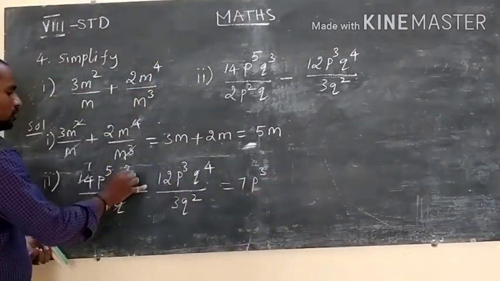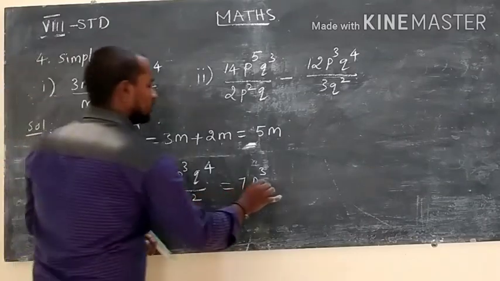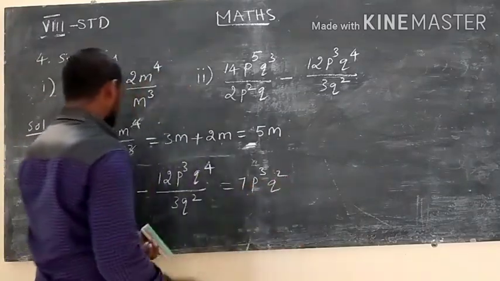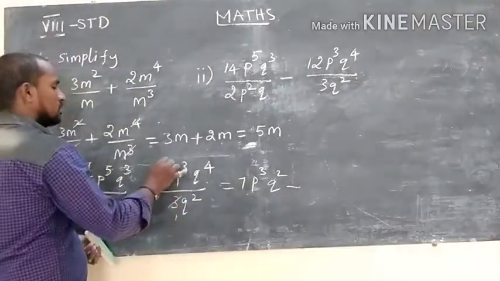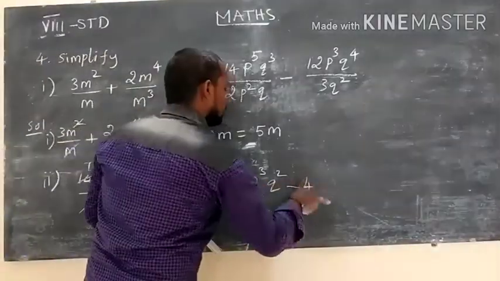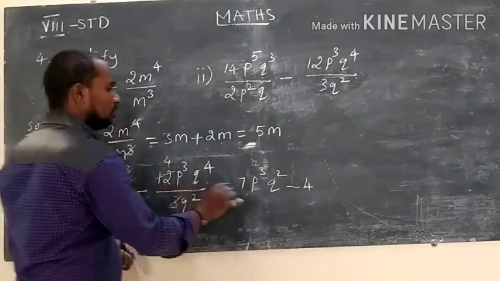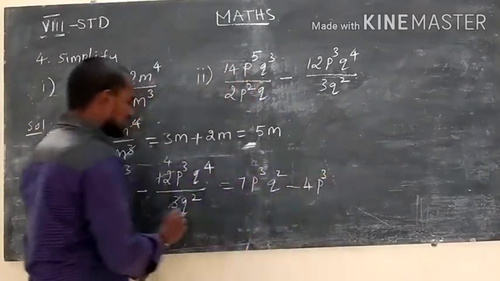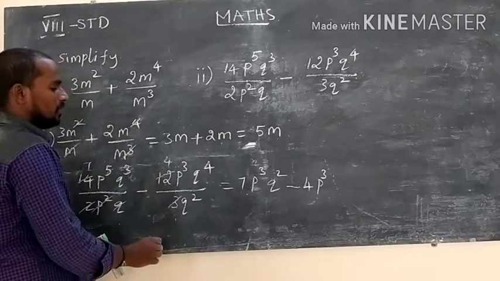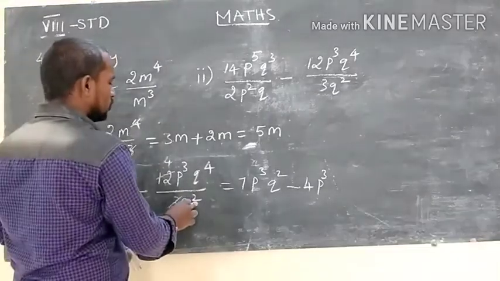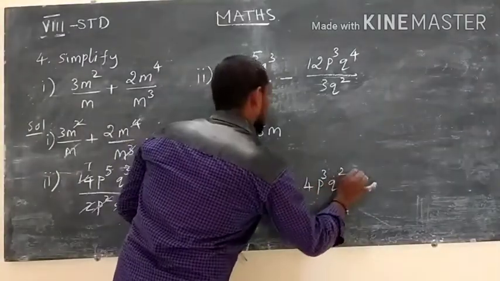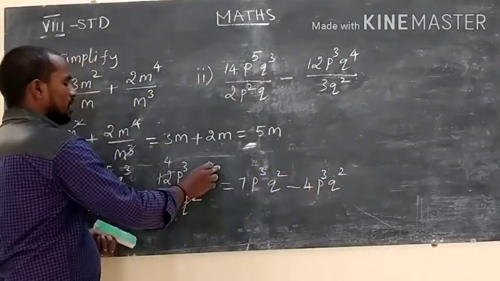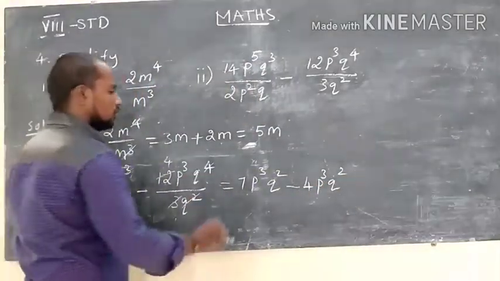Then 1q is cancelled, remaining q square. Minus, 1 3 is 3, 4 3s are 12, so the coefficient is 4. Then p cube, as the denominator does not have any p. Then q power 4 minus 2 is 2, the remaining q square.